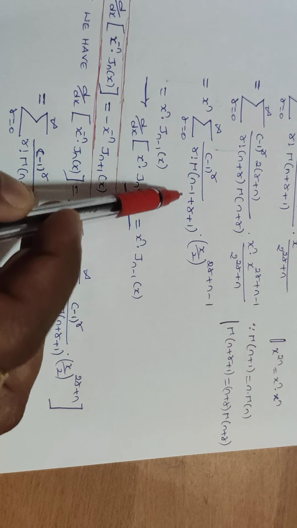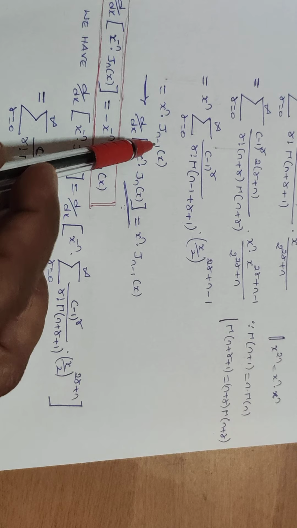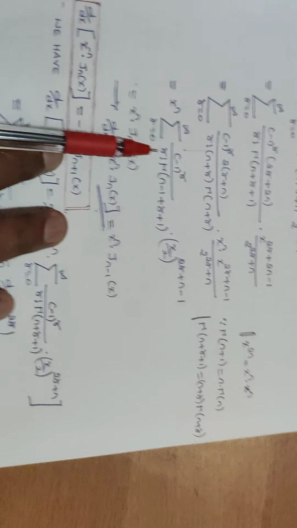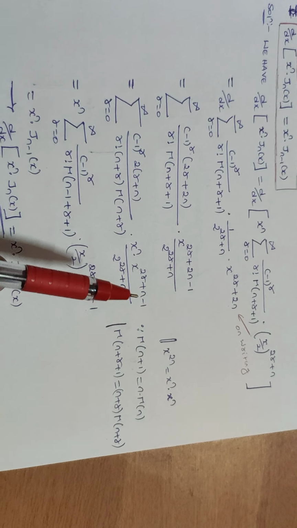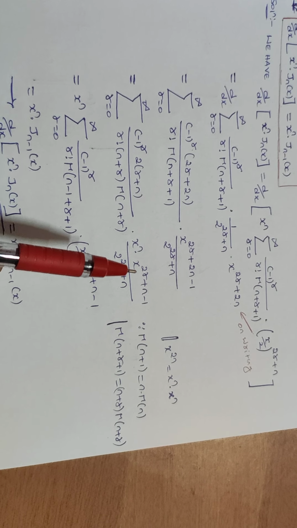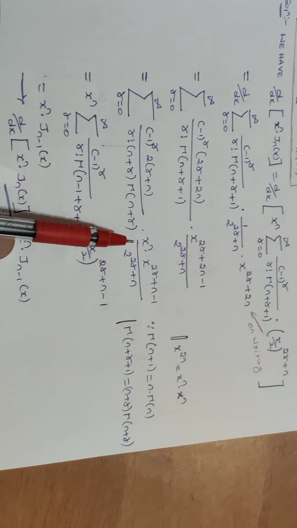This whole term can be written in the form of Jn minus 1 of x, as we require to prove that x to the power n into Jn minus 1 of x.